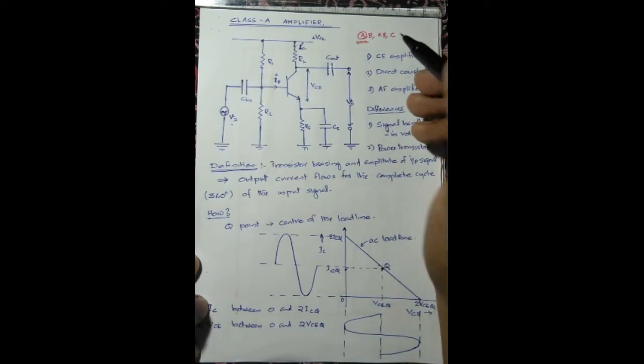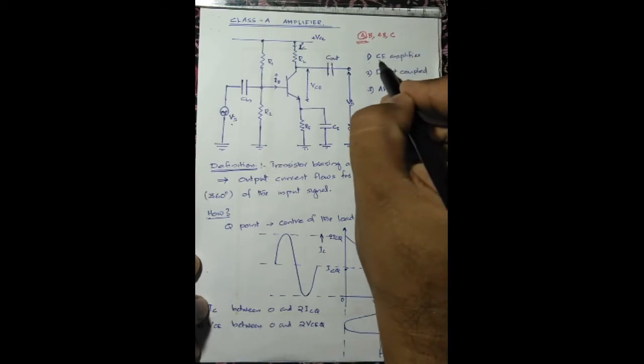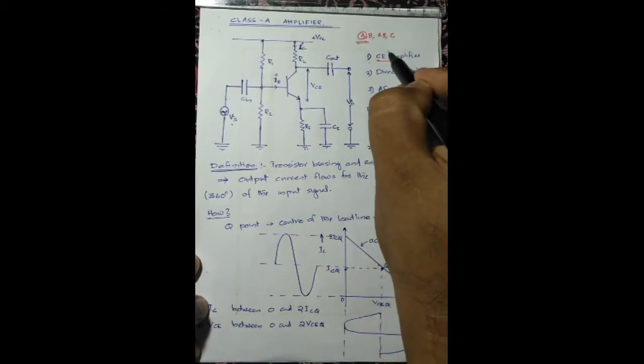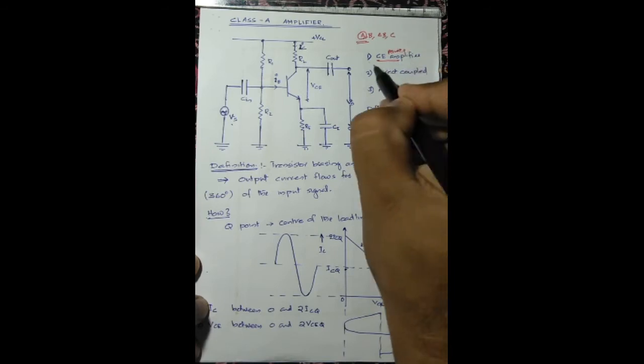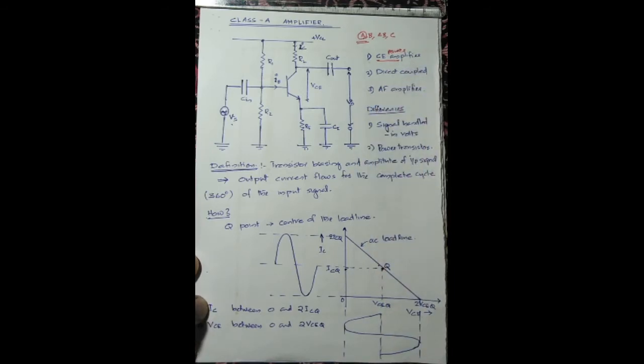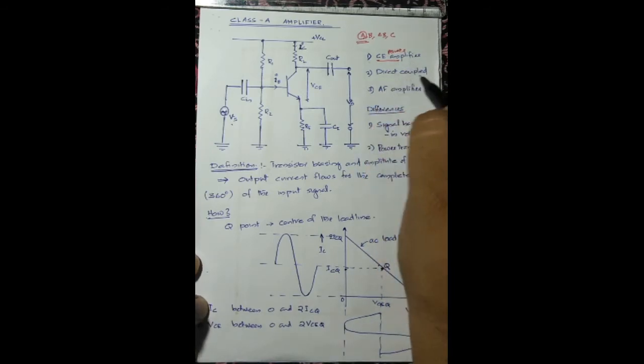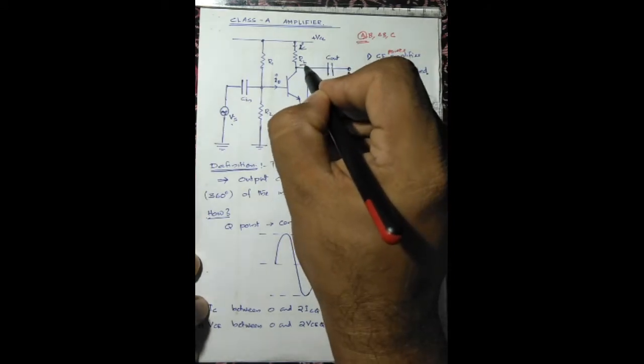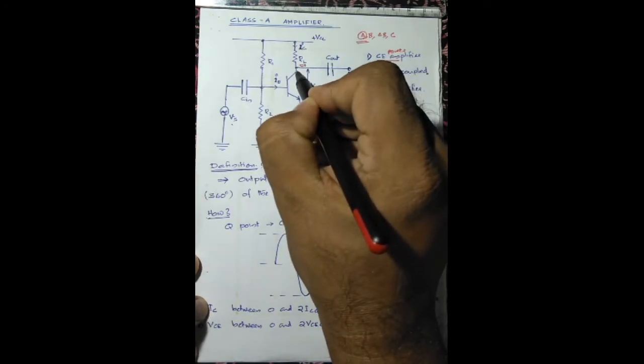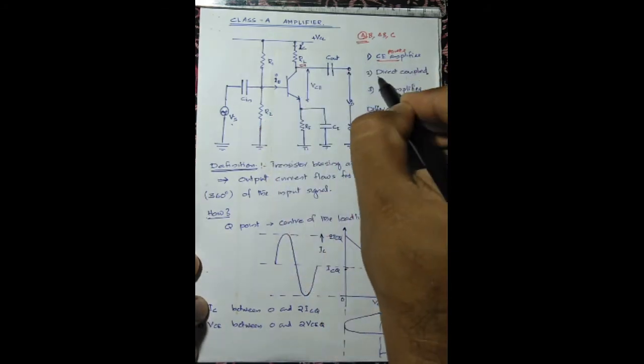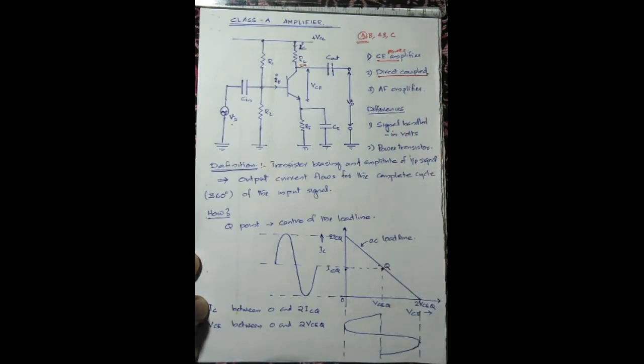Basically, a class A amplifier is a common emitter power amplifier. Then we can say that it is a direct coupled amplifier, which means the load RL is connected directly to the collector. What is the other speciality?